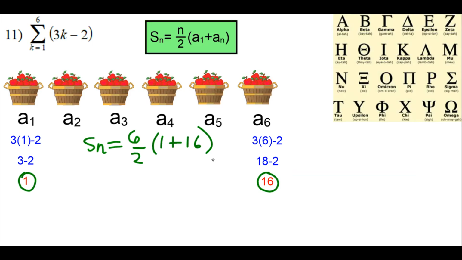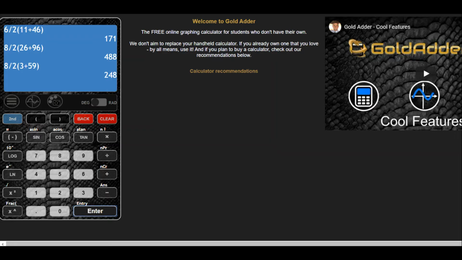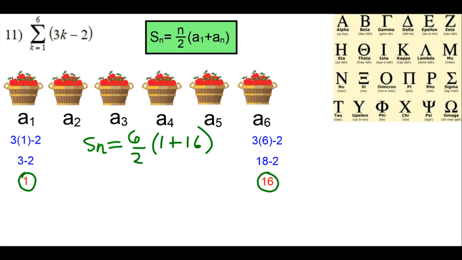So we just have to evaluate that formula. You have 6 over 2 times 1 plus 16. And that's 51. Same thing. So we can find all the terms and add them up, but it's going to be easier, trust me, to use the formula.